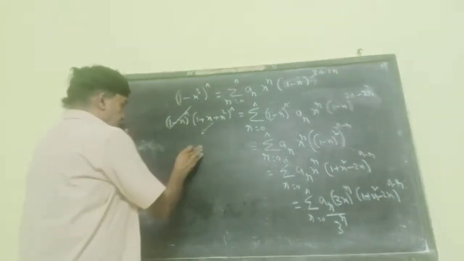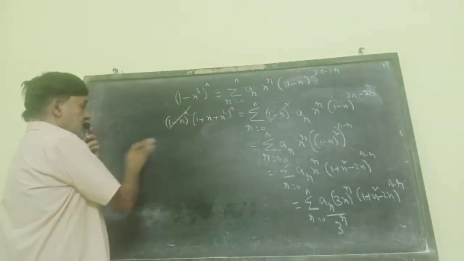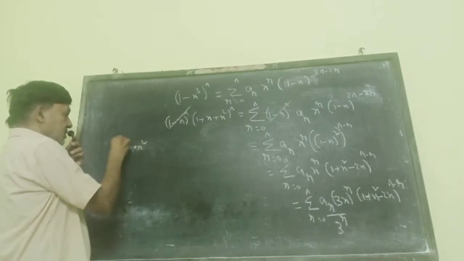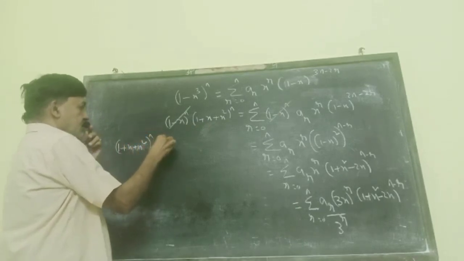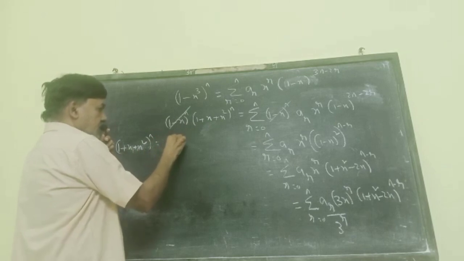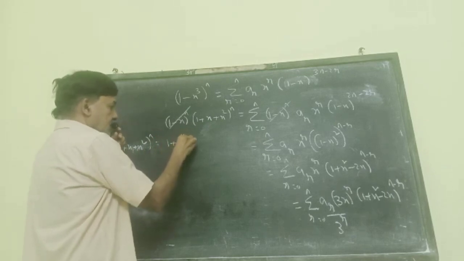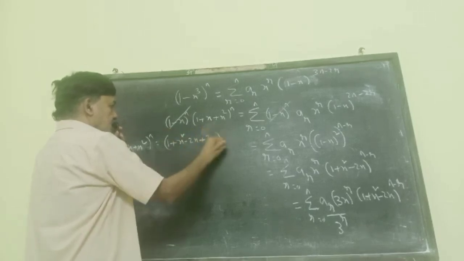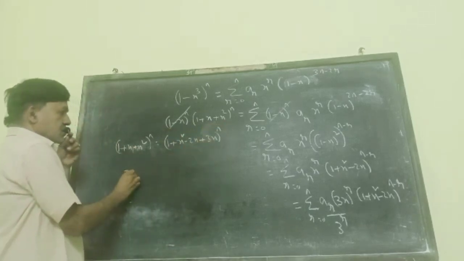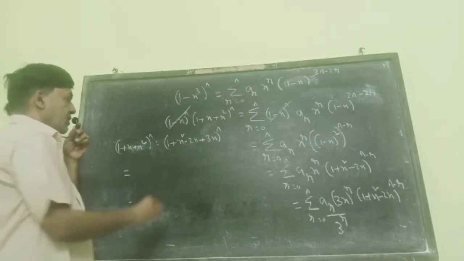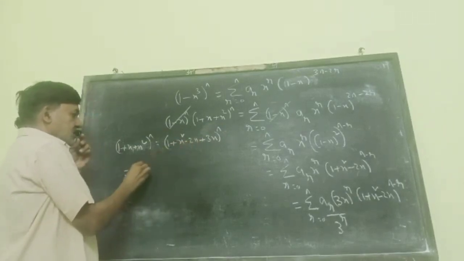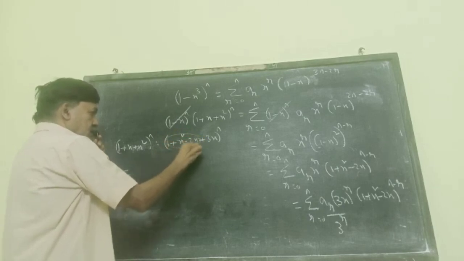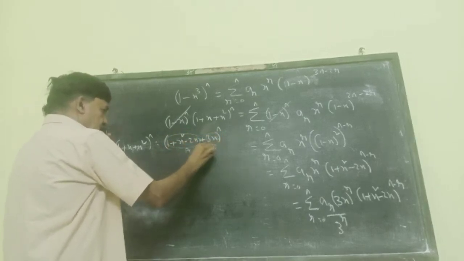Now, listen. See, this can be written as 1 plus x square whole power n is equal to 1 plus x square minus 2x plus 3x whole power n. I can write like this. This is all A for me. This is all B for me.